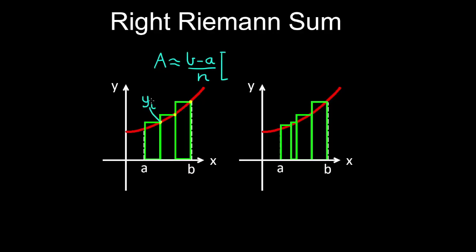So effectively we're summing up the area of each rectangle. So here we start with y1, and we end with yn. And similar to the left Riemann sum, we can use non-uniform partitions and multiply each individual y value by a different width.